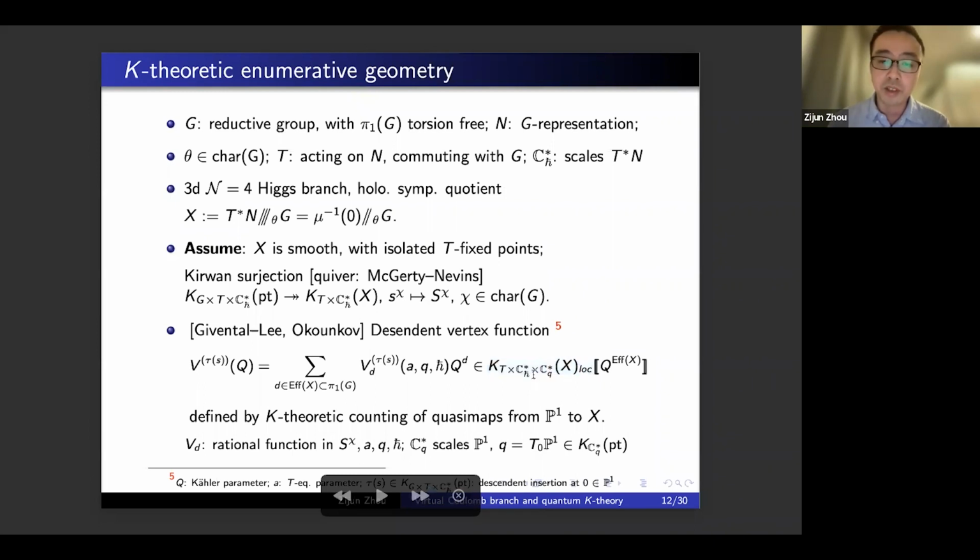You have to localize these coefficients a little bit, because the moduli space of quasimaps is not proper: the evaluation map from the moduli space to X is not proper, and only if you apply C-star localization does it become proper.